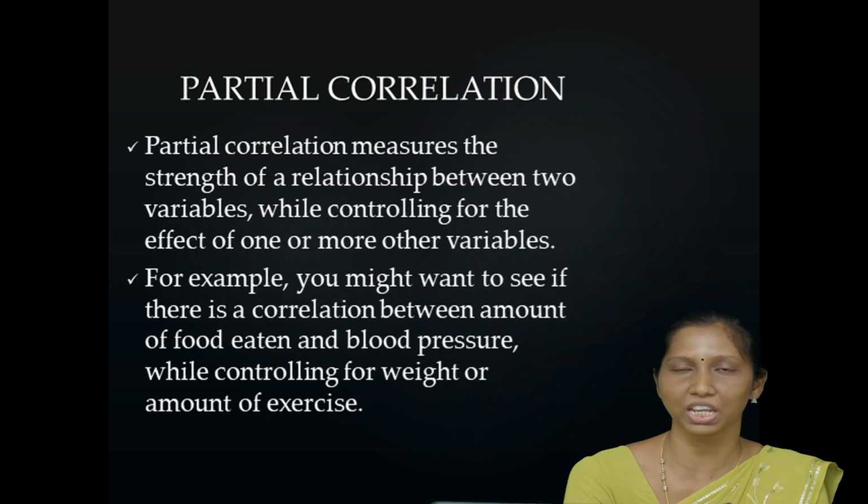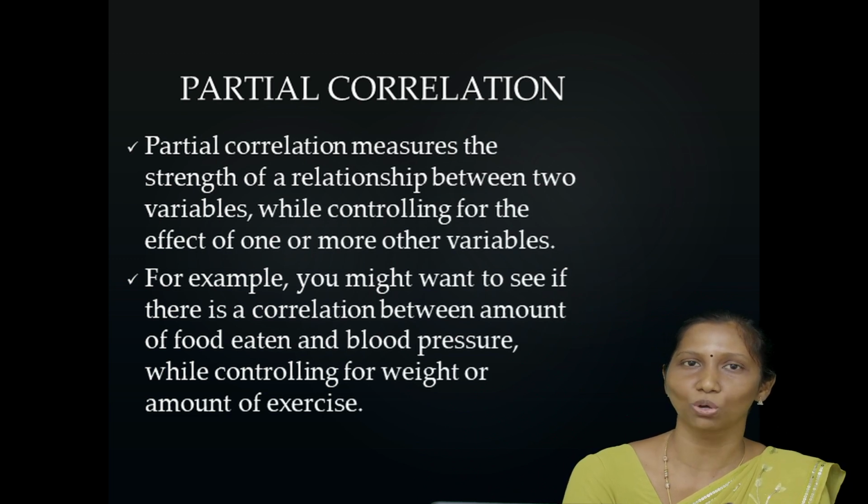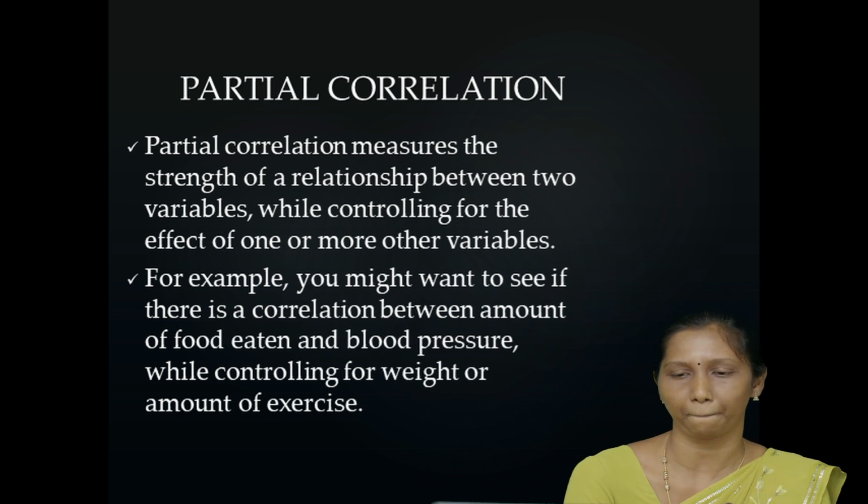For example, you might want to see if there is a correlation between the amount of food taken by a person and blood pressure. The other variables involved are weight or the amount of exercise we are doing, which also change the food taken and the blood pressure. So this is called partial correlation.